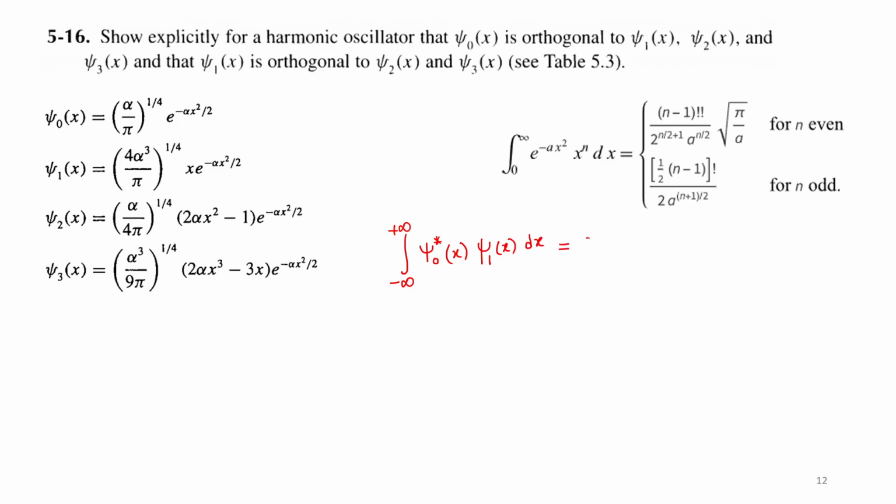If it is orthogonal, then it will be 0. So we expect zero, and these are the things we need to prove.